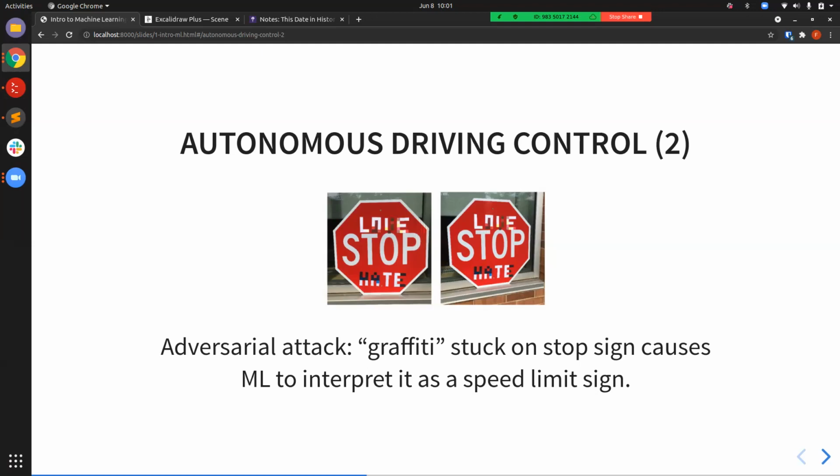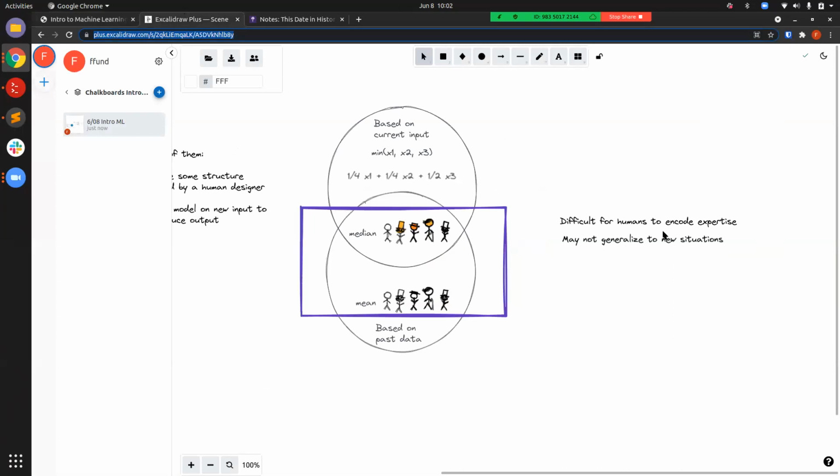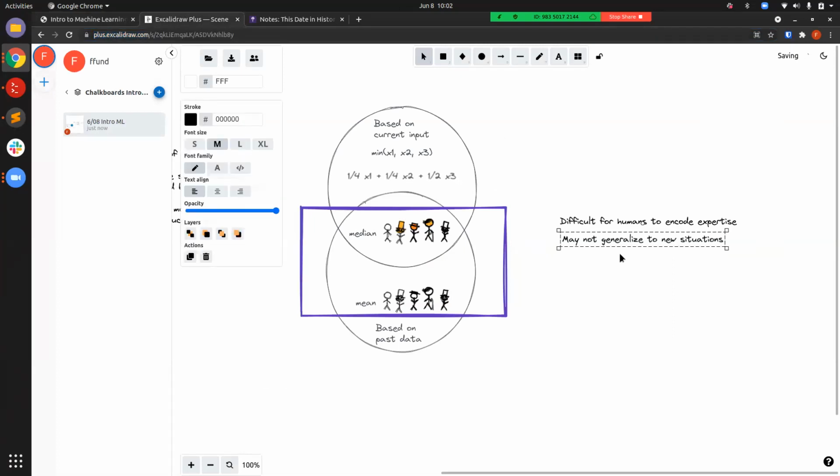So for autonomous driving, machine learning systems are definitely better than rule-based systems. But in comparison to human systems, we still have these concerns about their robustness against adversarial attacks, and also about how they'll generalize to new situations.